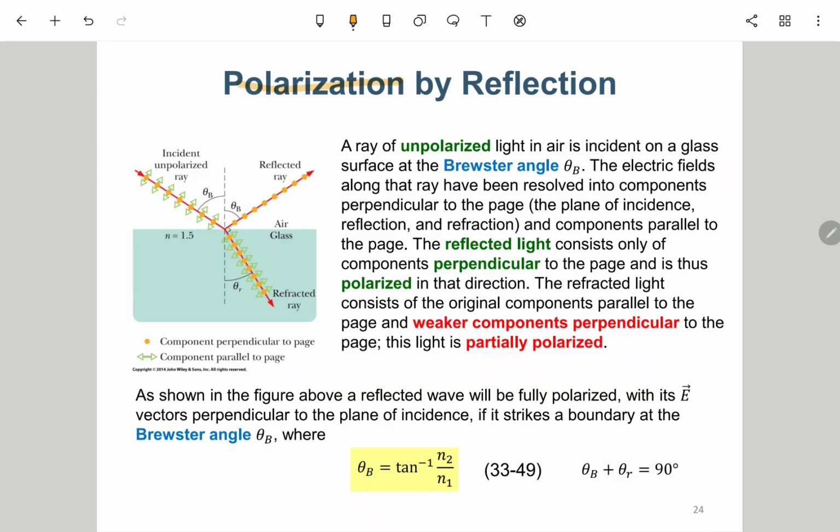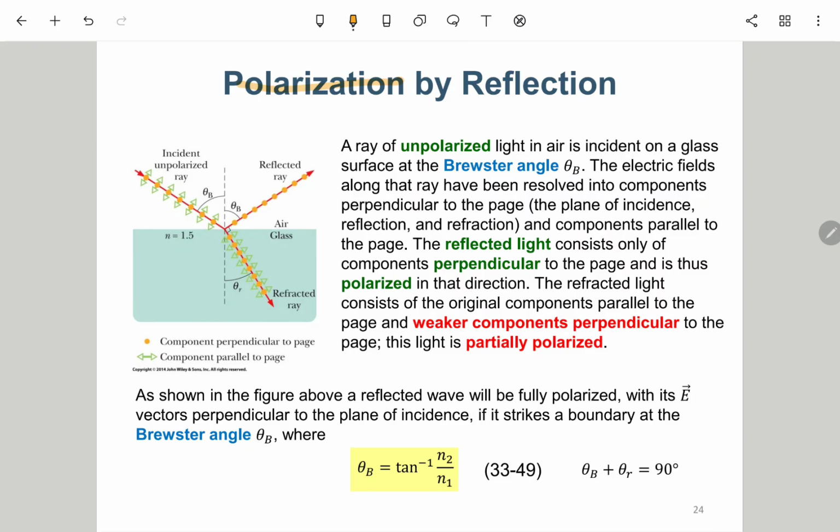And if polarized light goes through the filter, it depends on the angle between the polarizing direction and the filter direction. We need to multiply the original I0 by cosine of theta squared.